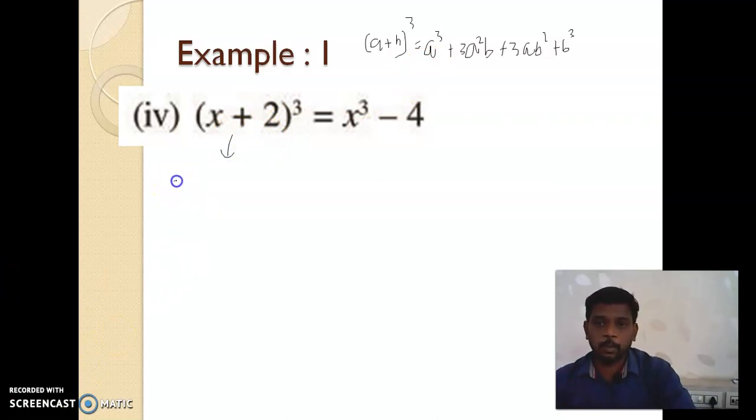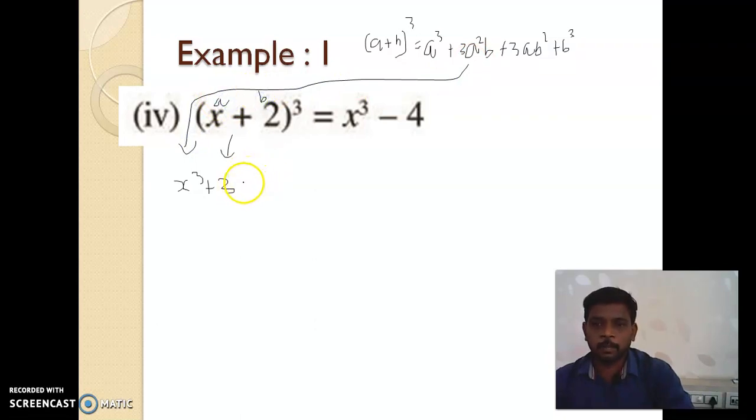So the first one, a³, therefore it will become x³, plus 3a²b. I am substituting here, the first one a and this one b.